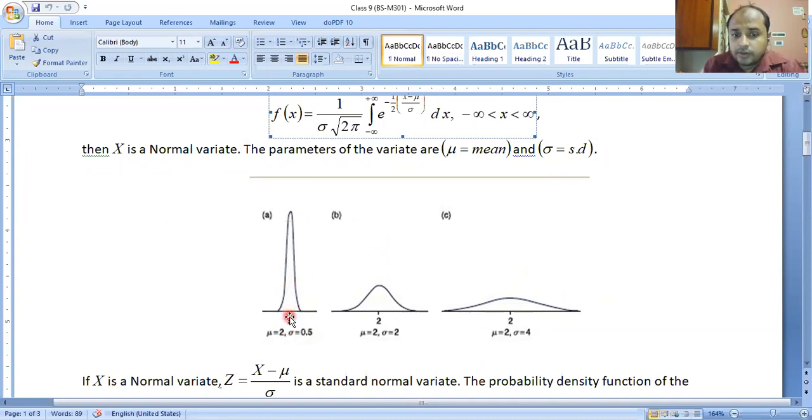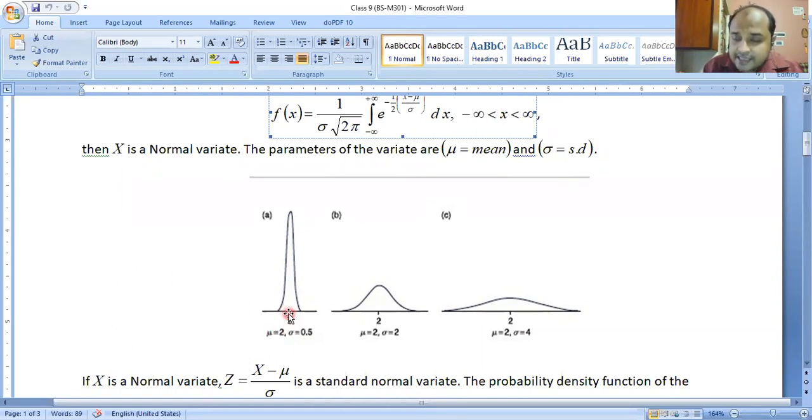Why is it so? Because the normal variable has a very interesting property. If capital X is a normal variable, its mean, median and mode, these three measures of central tendency, are going to coincide. So here mu equals 2 means its median is also 2, its mode is also 2.